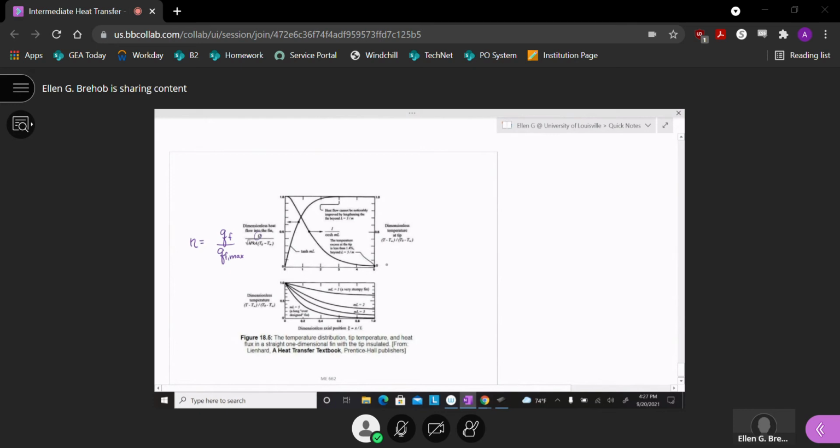And on the x-axis, they have plotted this combination of M times L. L, you're thinking it's the length of the fin. M has incorporated in it a heat transfer coefficient, thermal conductivity, so a few things in there. Okay. And what they have shown is how hyperbolic tangent of ML varies.